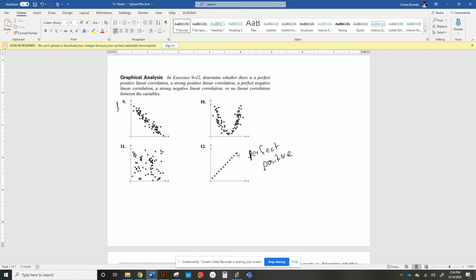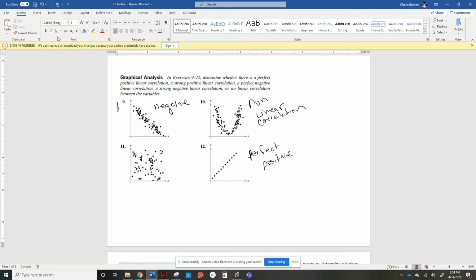This one right here is nonlinear. It has a correlation, it's again in the shape of a U, but that's not a line. So this one would be a nonlinear correlation.